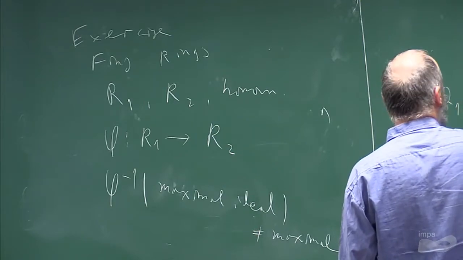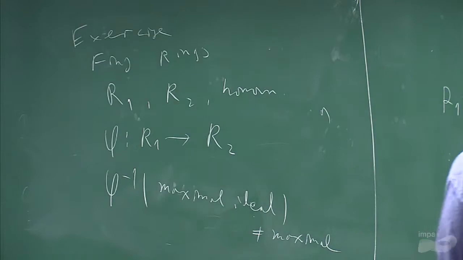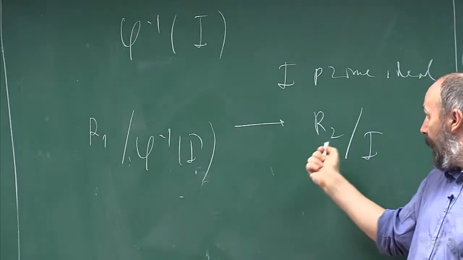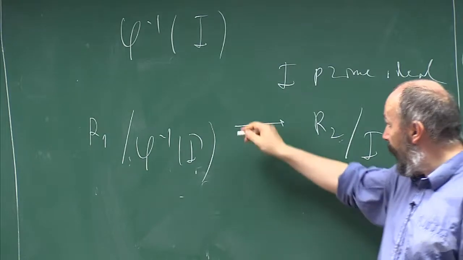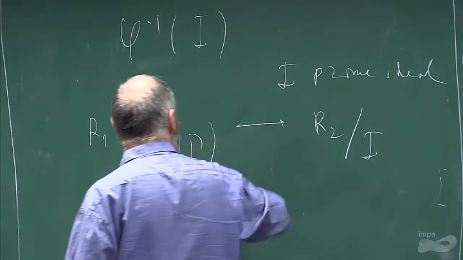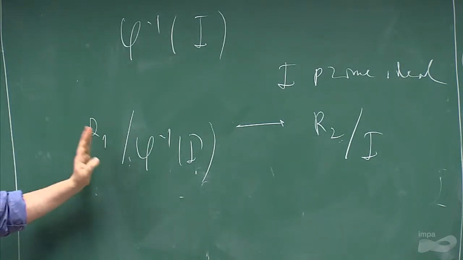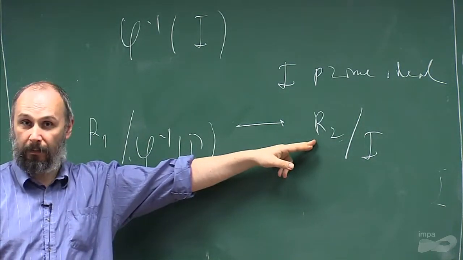This means that you have R1 quotient by phi^-1 of I goes to R2 quotient by I, right? This is just a quotient map. This has no zero divisors, and this is an embedding because you take a quotient by all elements which vanish in R2.